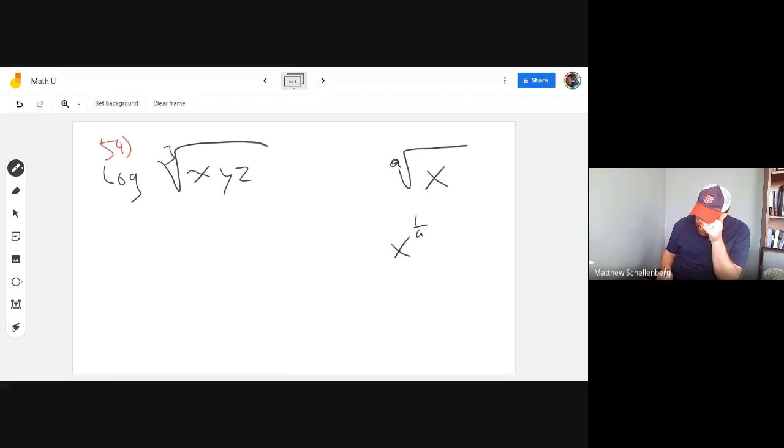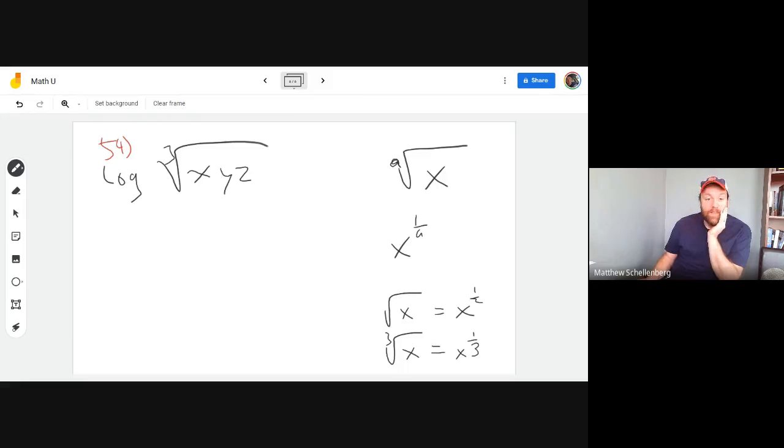That means that the square root of x equals x to the 1/2. The cube root of x equals x to the 1/3. That's a 3. Boy, that's an ugly 3.